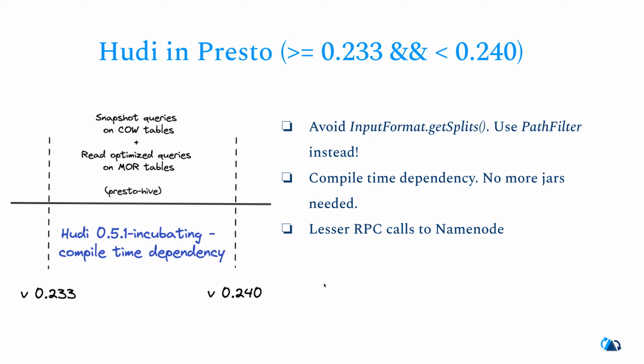On the performance side, this resulted in way fewer RPC calls to the name node using the path filter approach. Then next, in later versions, next slide, please.